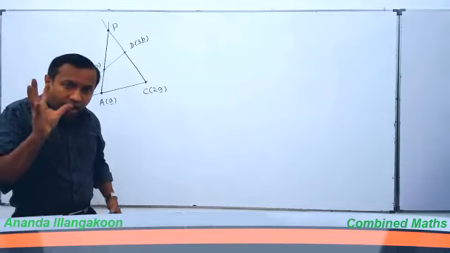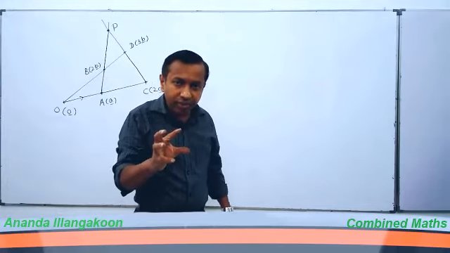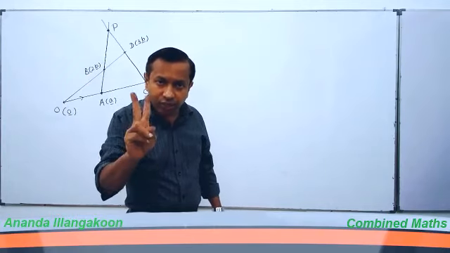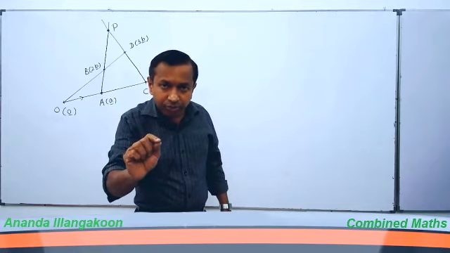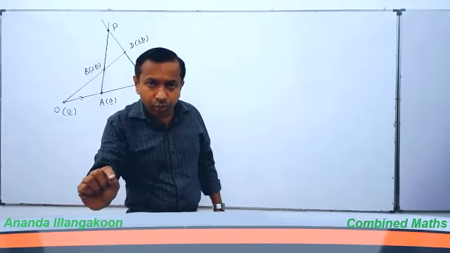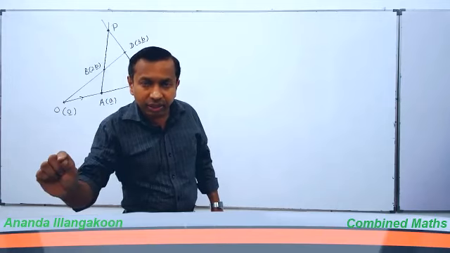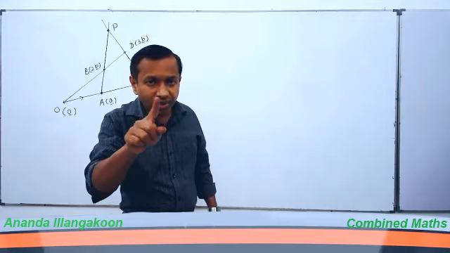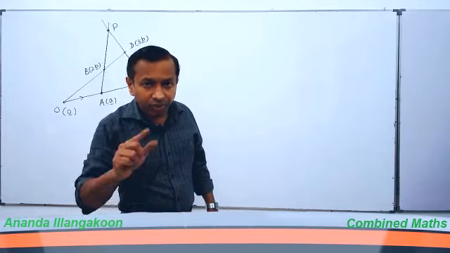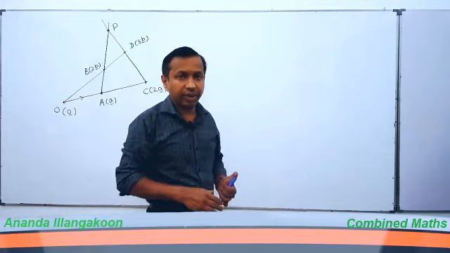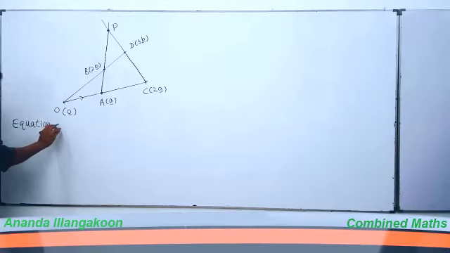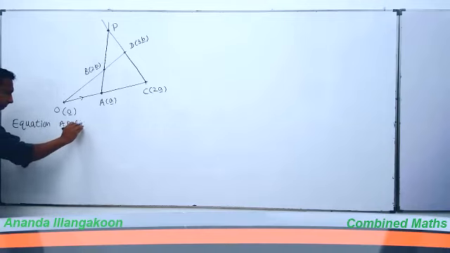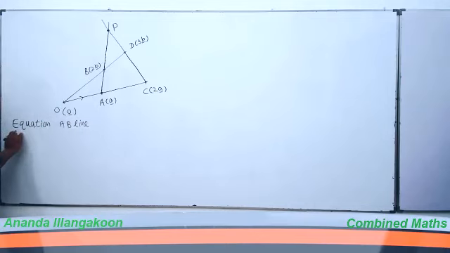You know, people, how to write the vector equation of a straight line? To write it, we need 2 points with position vectors. Then T times any position vector out of those 2 we like, plus 1 minus T times the other position vector. That is how we write the equation of that line. Okay, all right. Equation of the AB line. How to write?